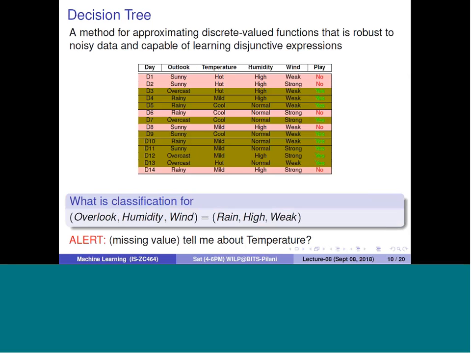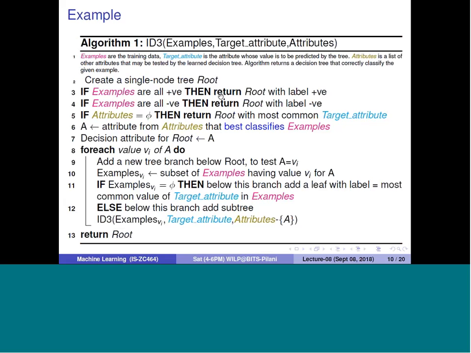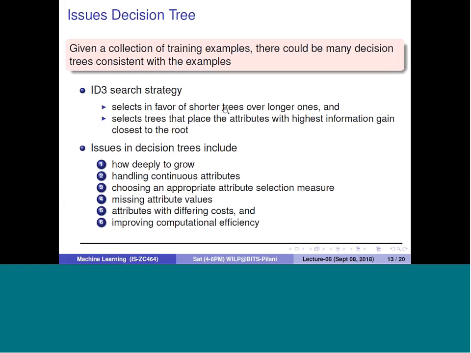This is very prominent in medical reports, such as if somebody asks what is the blood pressure, the blood sugar level, or the biopsy report. So some attributes could be costlier than others. In those scenarios, you want to put the cheaper attributes at or near the root level.